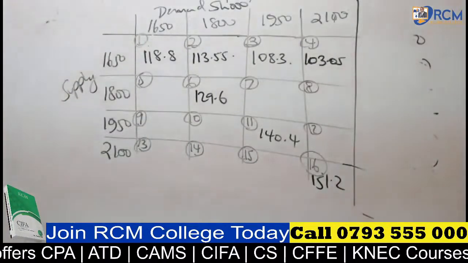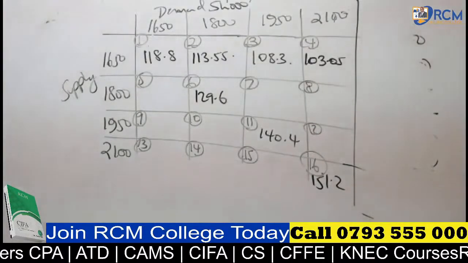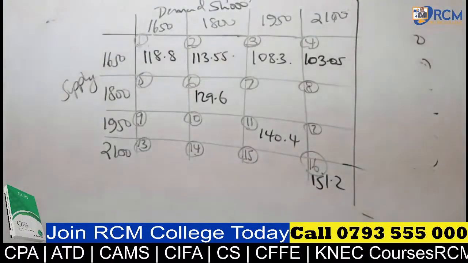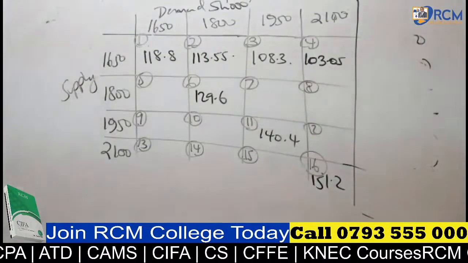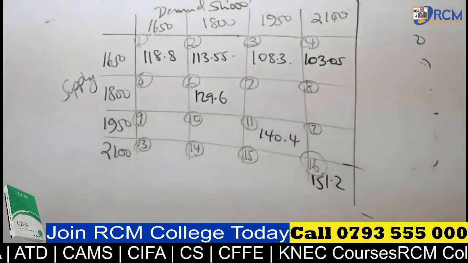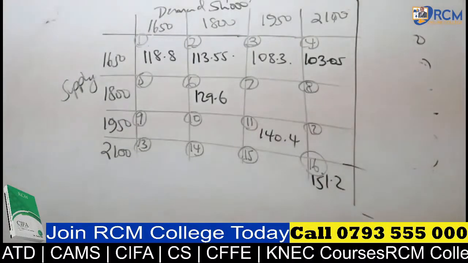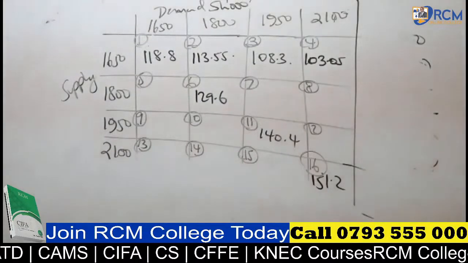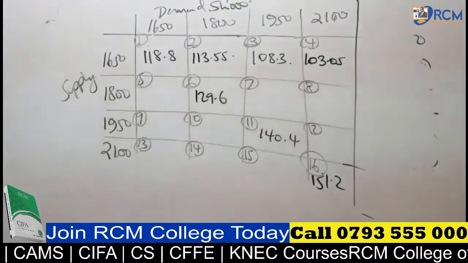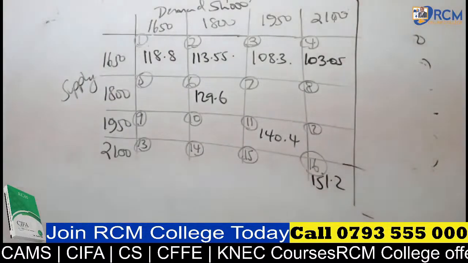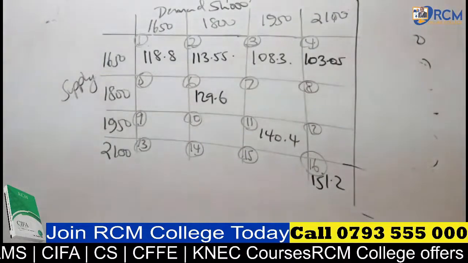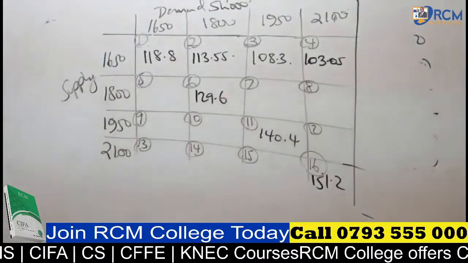Cell number 5, what do we have? Kigunda says no. It's supposed to be 141.60. Those are the kind of arguments I like, the kind of democracy I like.